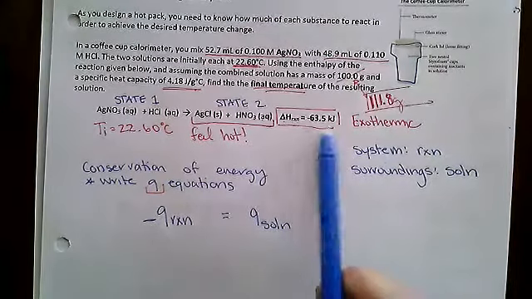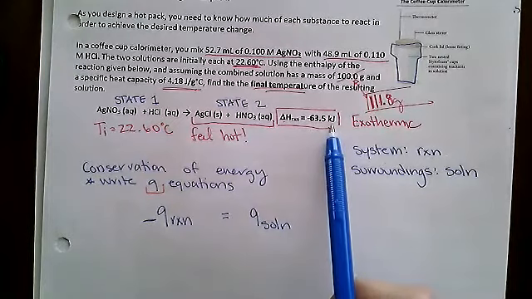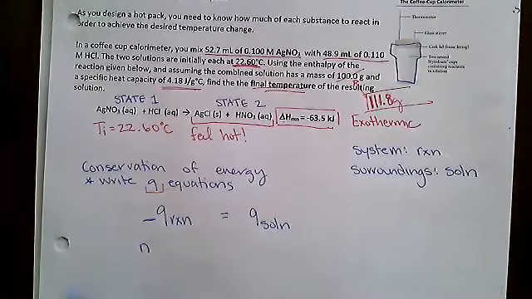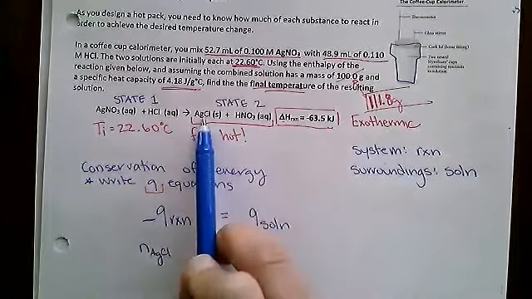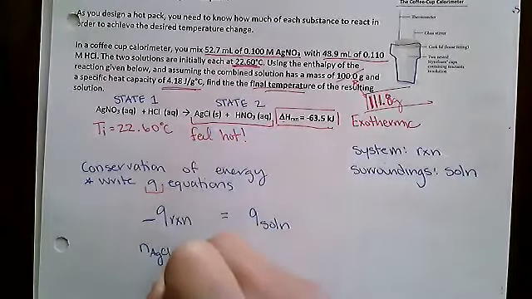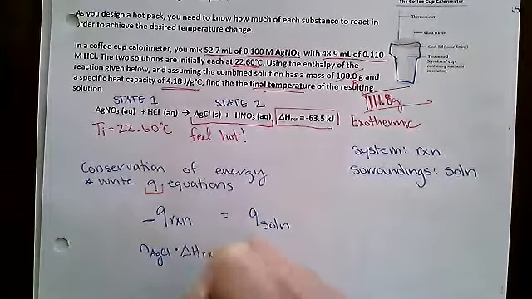So if you know that this is how much heat is lost per mole, you better start by figuring out how many moles, that's n, of, let's just say, silver chloride. You have to pick one of the products. How many moles of product is going to be made? And then you can multiply that by the heat of reaction.